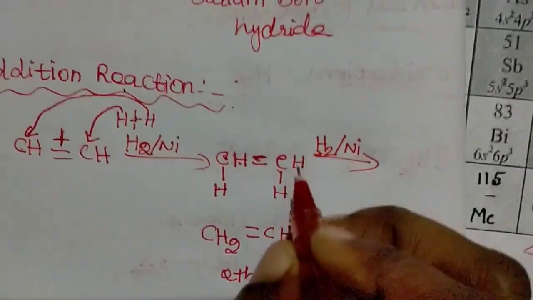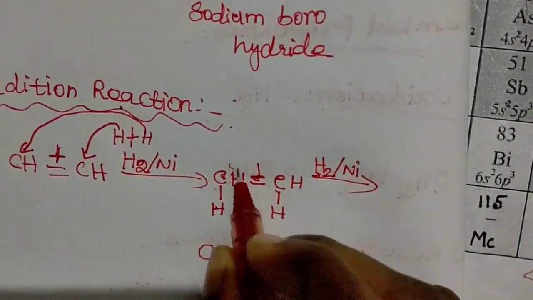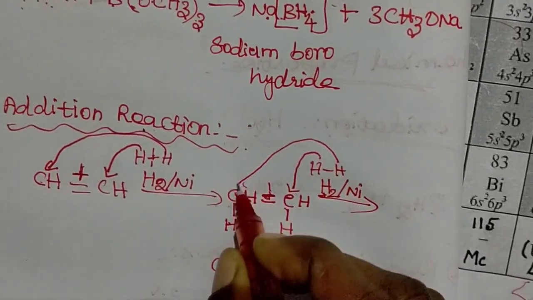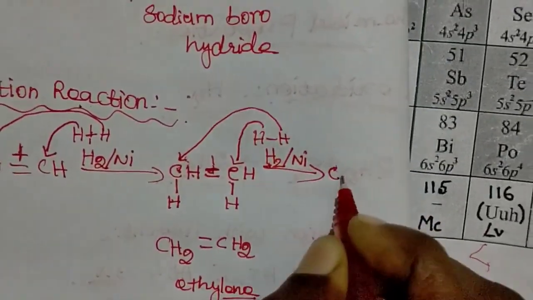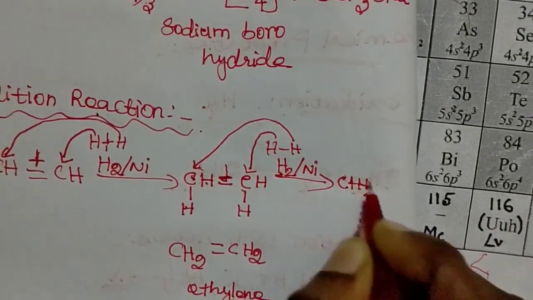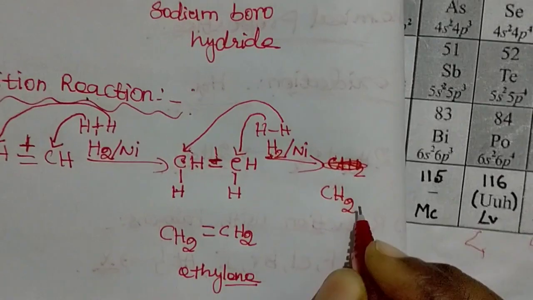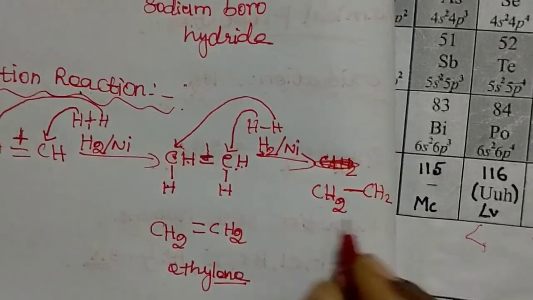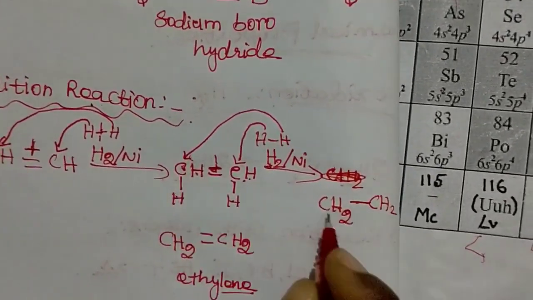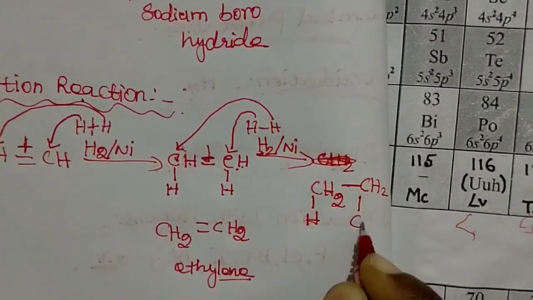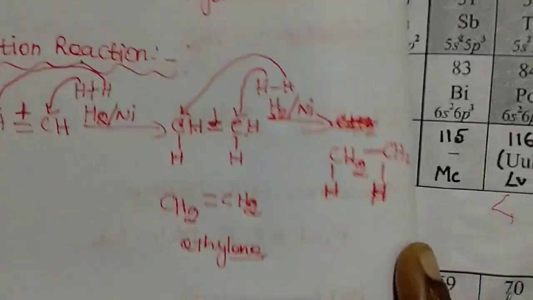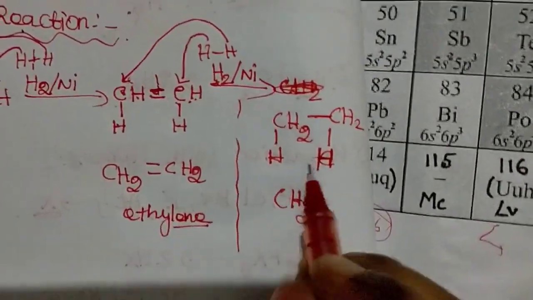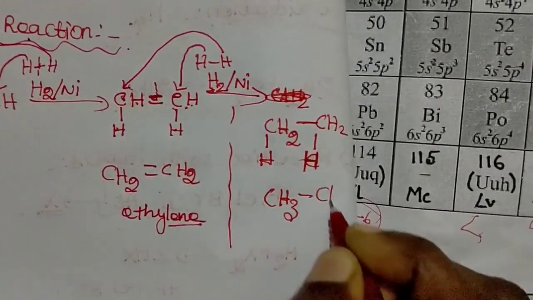Then again, reducing this ethylene by adding hydrogen in the presence of nickel, what will happen? The next bond breaks, and from the hydrogen molecule, one hydrogen is attached to one carbon and another hydrogen to the other carbon, and it becomes CH2 single bond CH2, then again one hydrogen is attached to each carbon. Otherwise you can write the compound as CH3 single bond CH3.